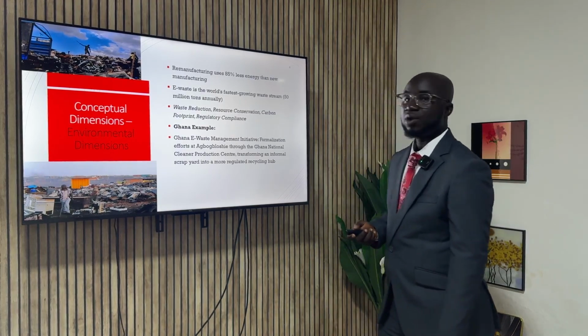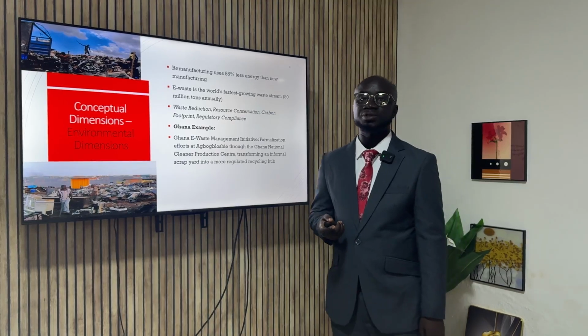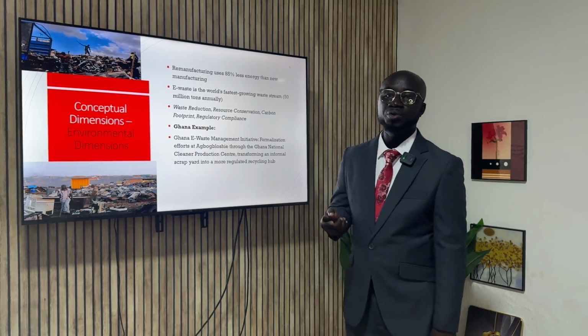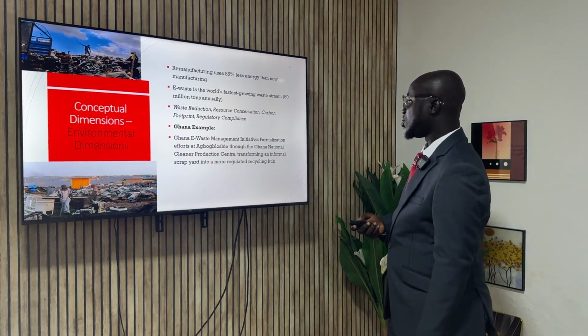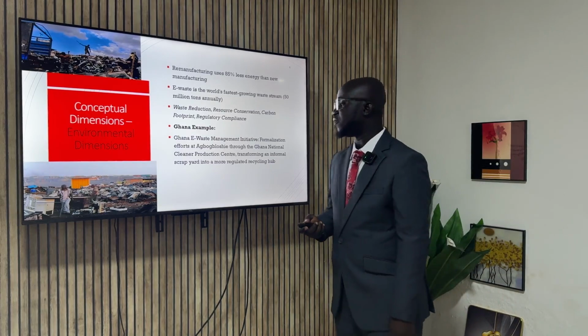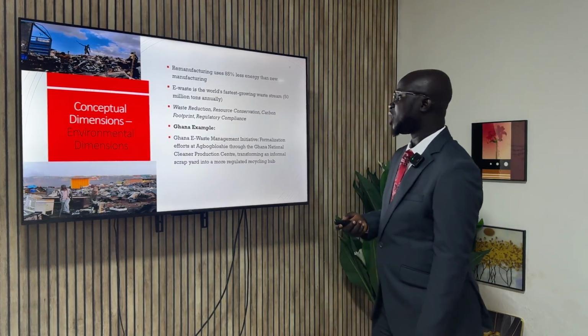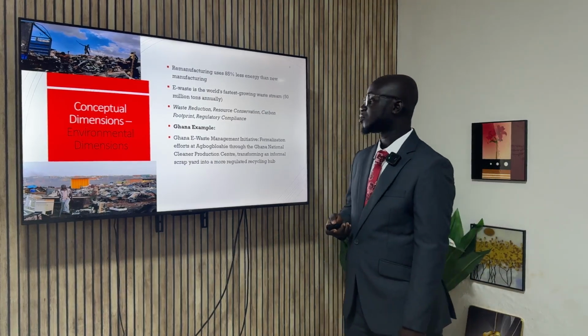In Ghana, Agbogbloshie is transforming informal e-waste recycling into safer, more regulated operations. Some of the scrap yard activities that have been informal are being regulated, so that we are able to turn some waste into useful products again.